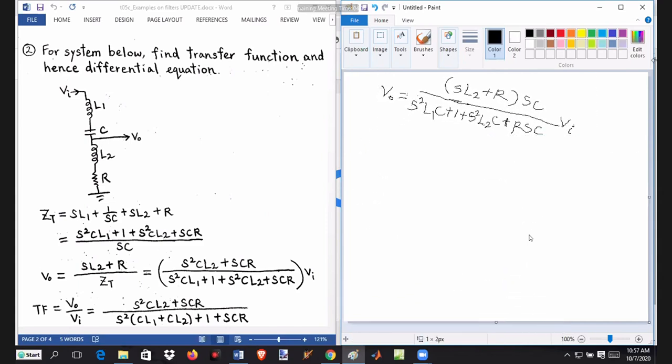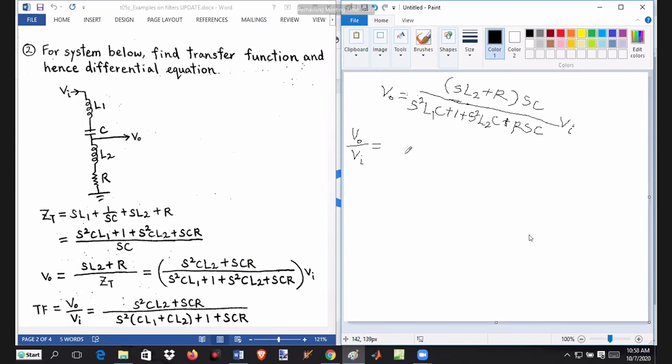So the transfer function is V naught over Vi. Now whether you put S or don't put S, I don't care this time. Some put, some don't put. They bracket S. Usually this is what we do, but this time whether you put or not, it's up to you.